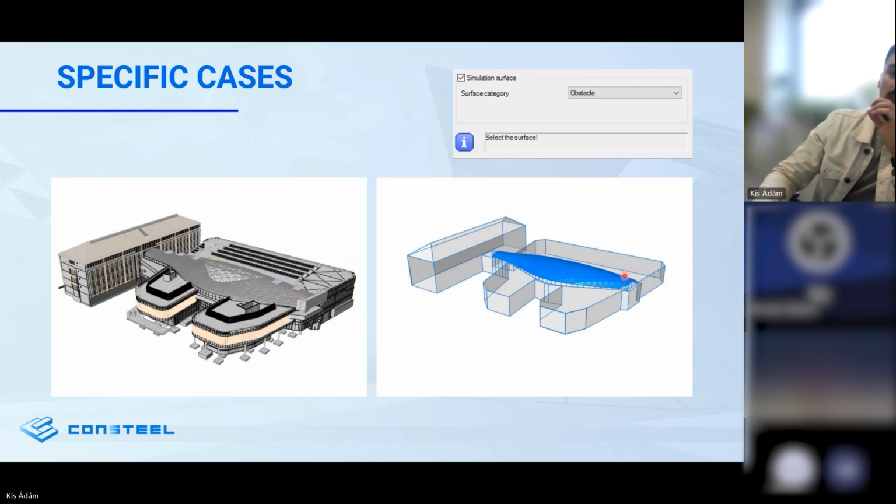So we have these two situations: the first one is quite a normal building, while the other one is a specific case. But they have one thing in common, that they can form a closed building or a closed solid, which we can introduce into a calculation domain, and we can obtain simulation surface loads, which will always be surface loads.